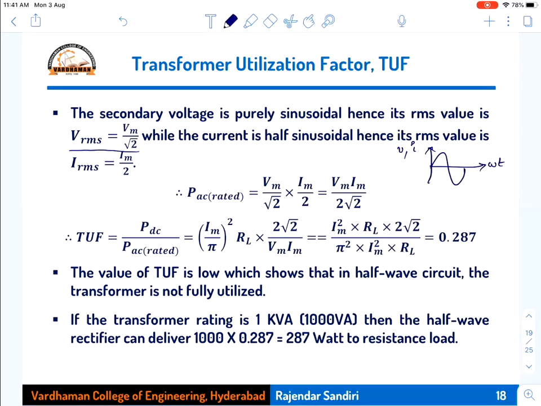So the current is half sinusoidal, hence its RMS value is IRMS equal to Im by 2. When I take the voltage, Vrms is equal to Vm by root 2 because it is a full sine waveform. But when I take the current, this is the voltage signal that is applied at the primary and secondary of the transformer.